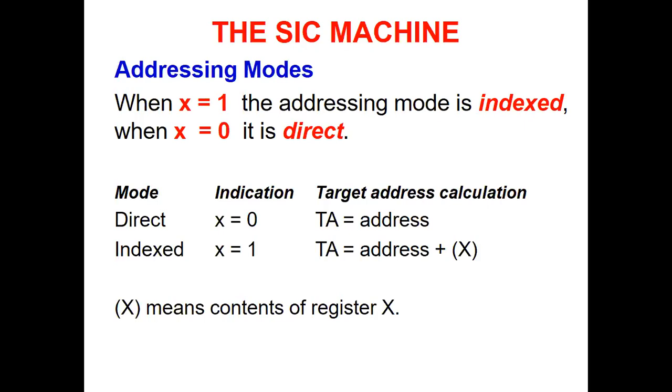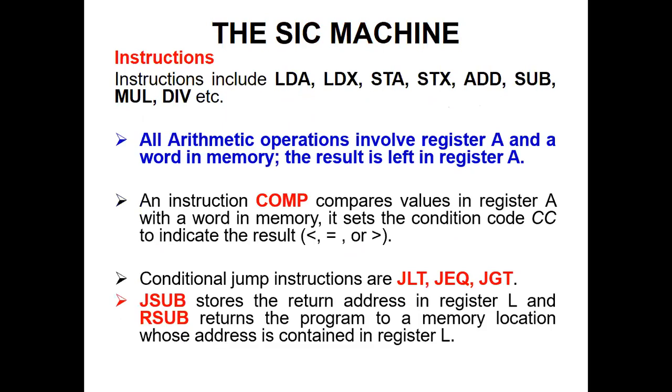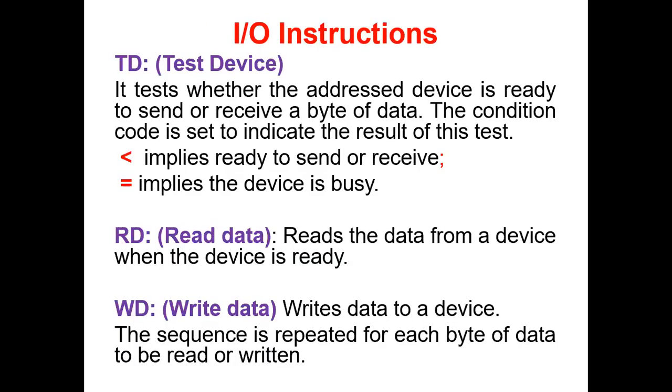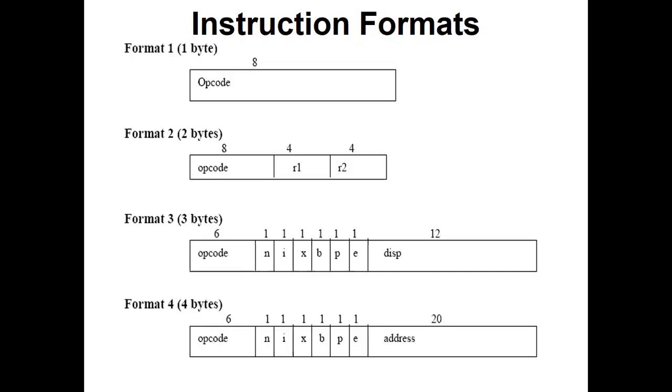And then the remaining 15 bits specify the address. But when we came to the extended version, we saw that it has 4 different formats.